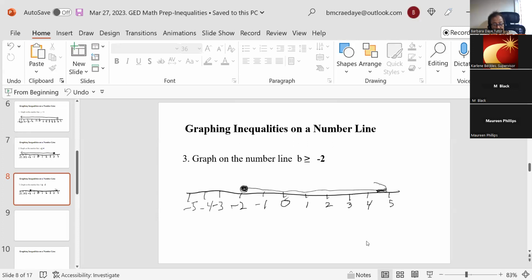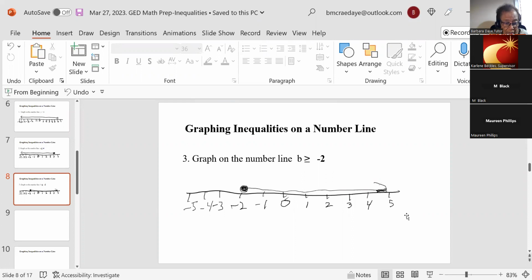So the B value, greater than or equal to -2, would be the -2 and all these other numbers to the right of it that are greater than it. It's on the -2 and it says greater than or equal. So if it's equal to -2 or any of these numbers greater than -2, B satisfies greater than or equal to -2.